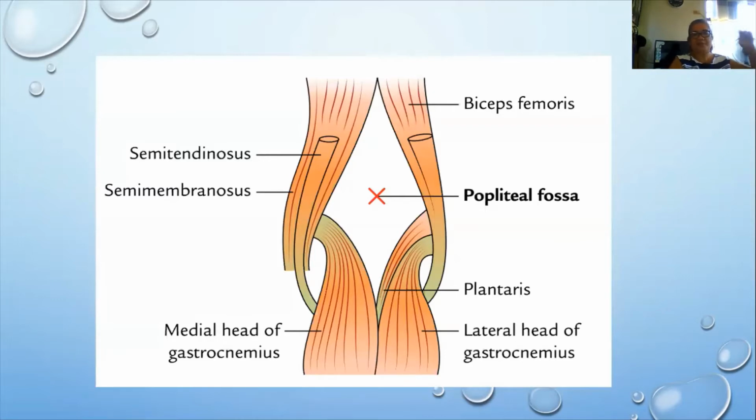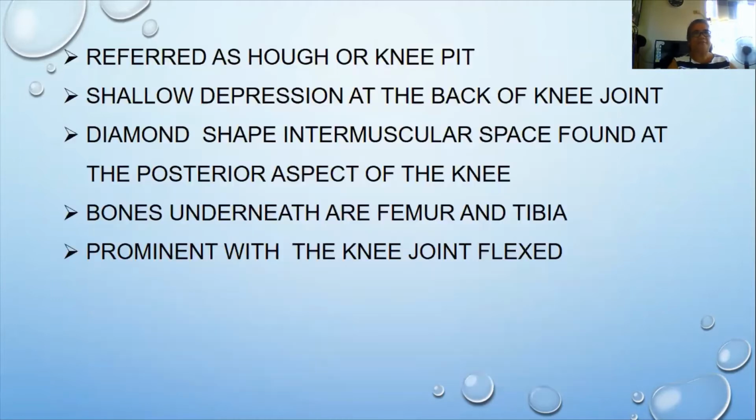You will see that it is bounded by muscles, muscles coming from your thigh and the lower thigh, and muscles coming from your upper leg. Your popliteal fossa could also be referred to as a hollow or a knee pit, just like your armpit.